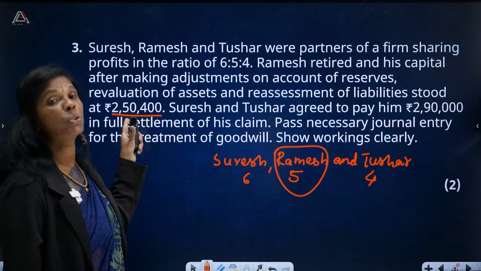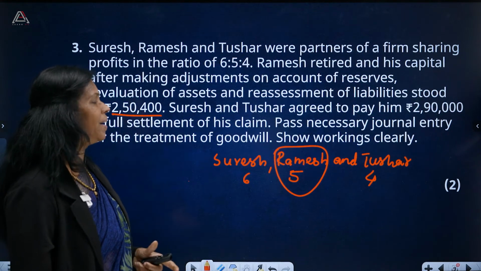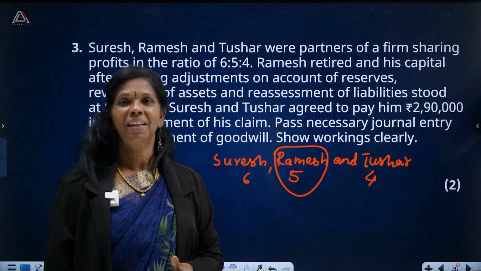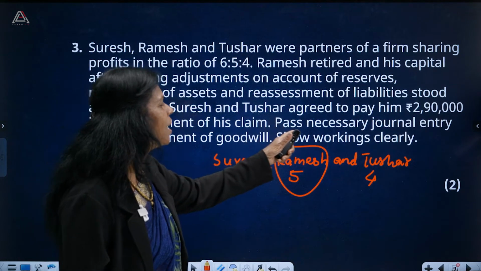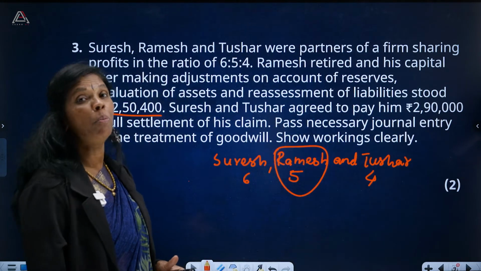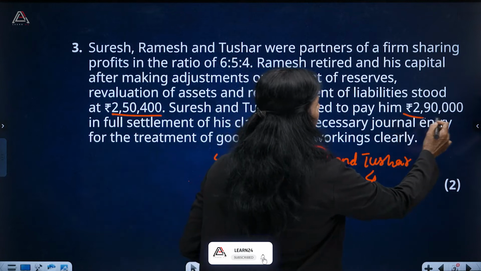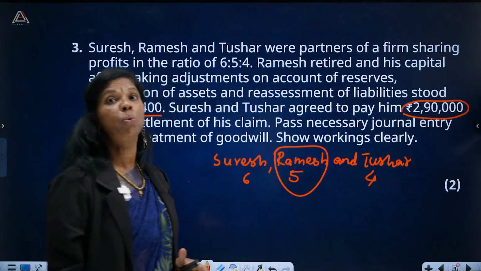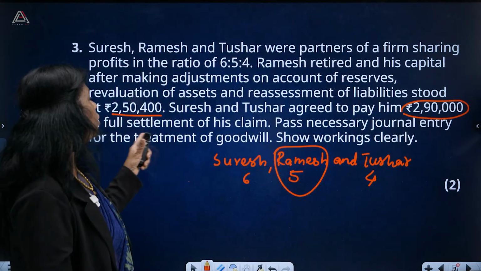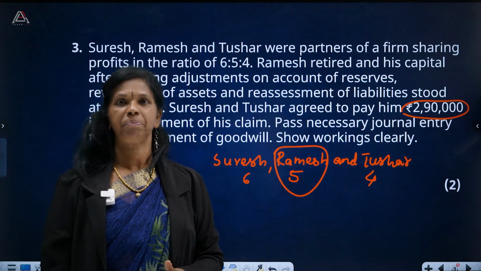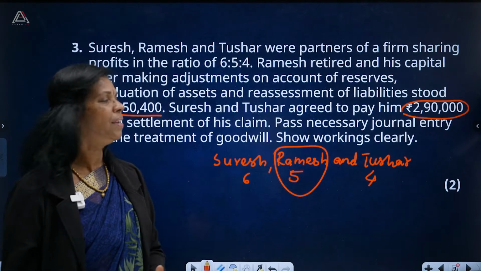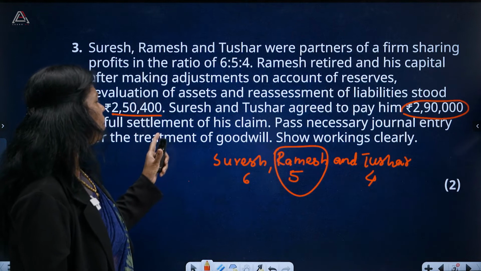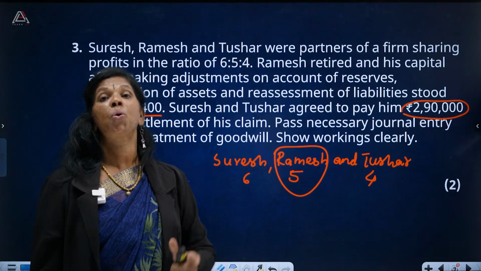How much is it? 2,50,400. Then Suresh and Tushar agreed to pay him how much? Rupees 2,90,000 in full settlement of his claim. Then what is the question? Pass necessary journal entry for the treatment of goodwill, show working clearly.